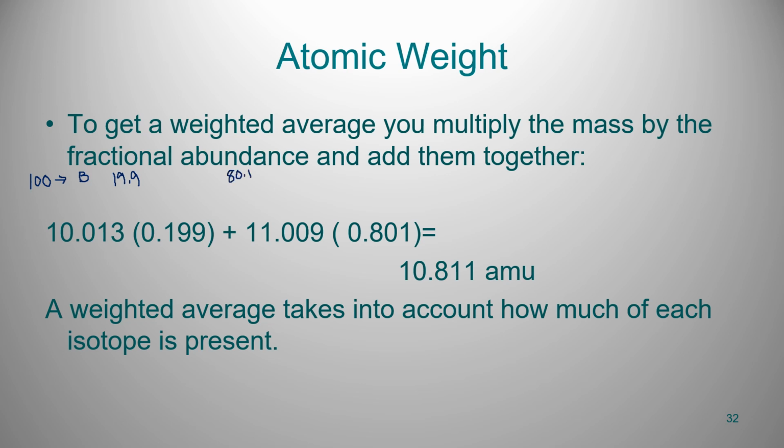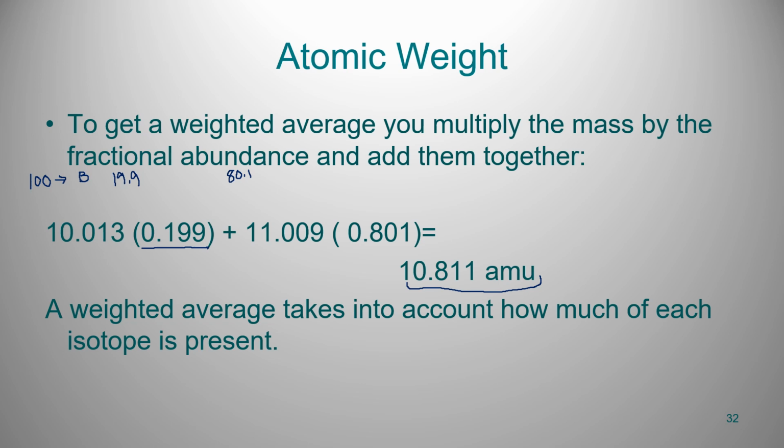So that's why we multiply by these fractional abundances. So we take the mass of the first isotope times its abundance, plus the mass of the second isotope times its abundance, add them together, and you find it's 10.811.